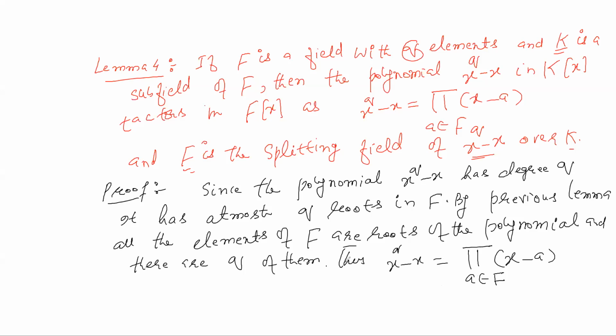So this means the polynomial splits over F, but it cannot split over a smaller field. Because the smaller field would have fewer than q elements, the polynomial won't factor completely.